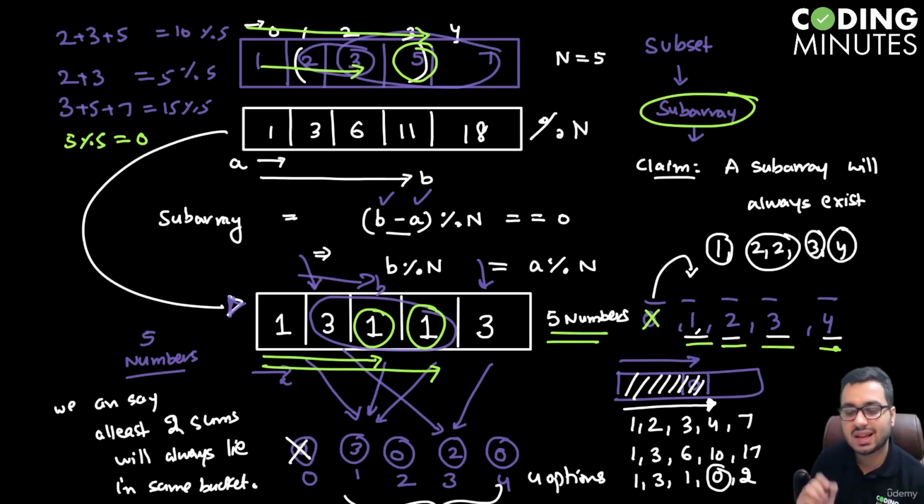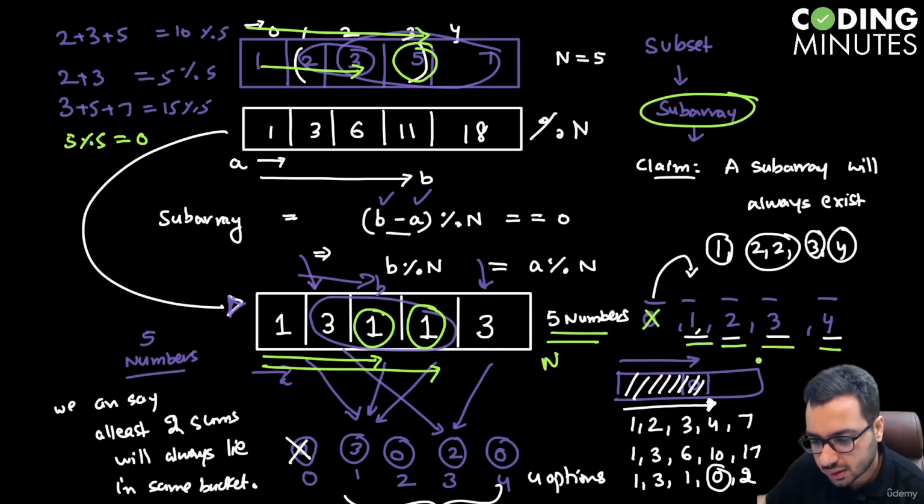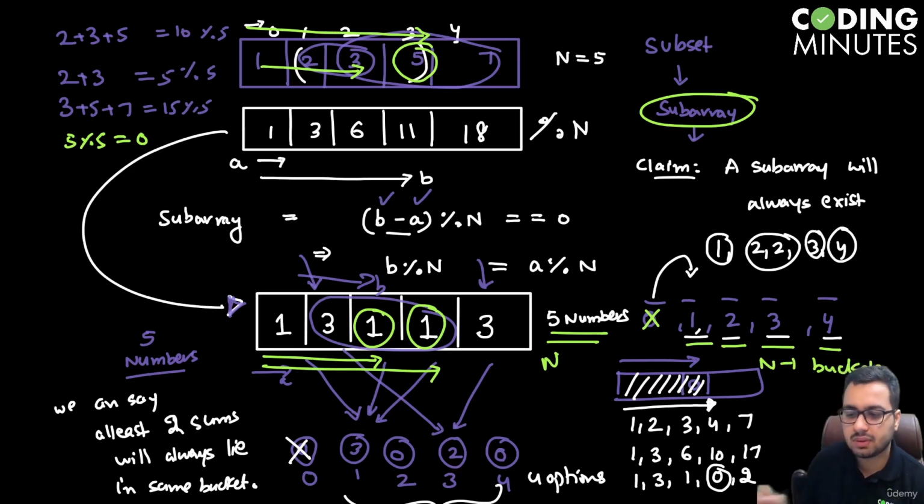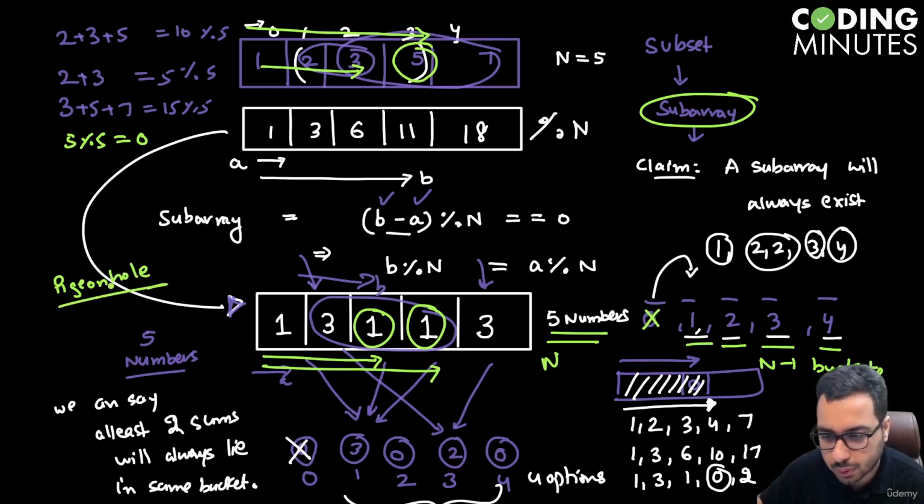That number would always lie in the range 1 to 4. Or if you have n numbers here, then you will have n minus 1 buckets. So at least one number would repeat, and the indices corresponding to those two repetitions would give you the subarray.